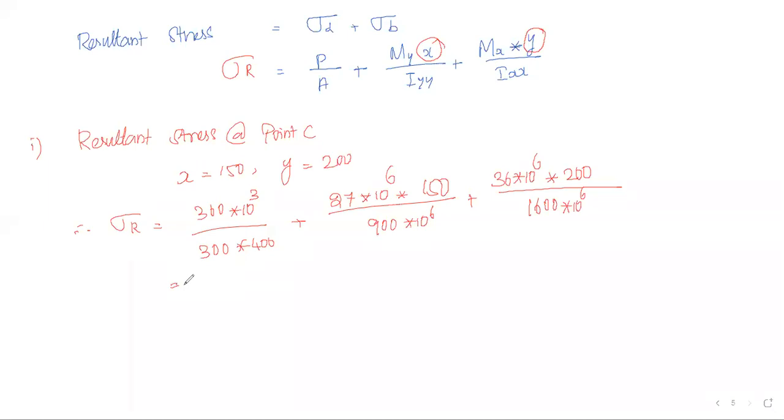Now the sigma resultant value becomes 12 Newton per mm square.